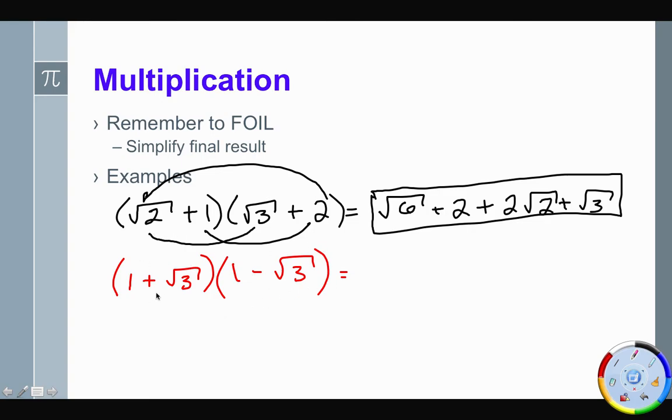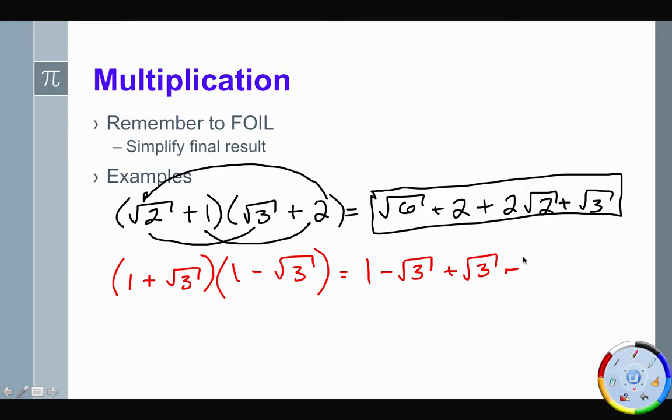If we FOILed these two numbers together, we get 1 times 1, which is a 1. 1 times minus root 3, which is a negative root 3. Root 3 times positive 1, which is a plus root 3. And then we get a positive times a negative, so that's minus.